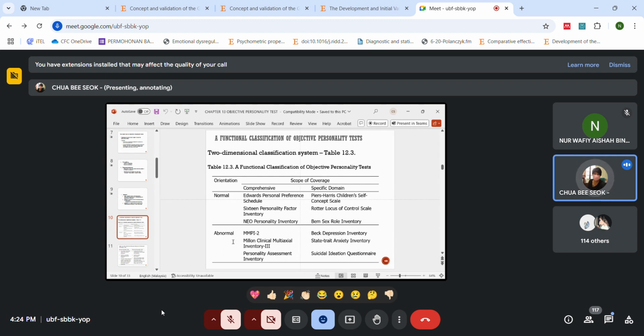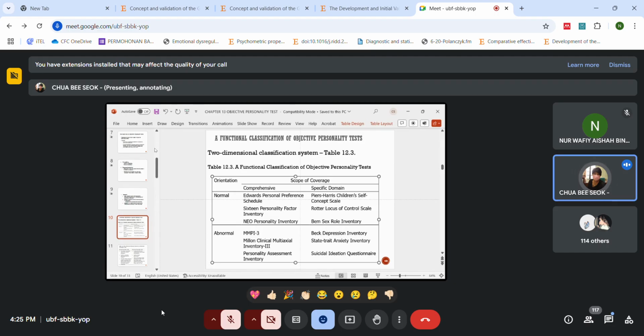So abnormal personality tests can also be divided into comprehensive and specific domain. For abnormal personality tests, an example is the MMPI.